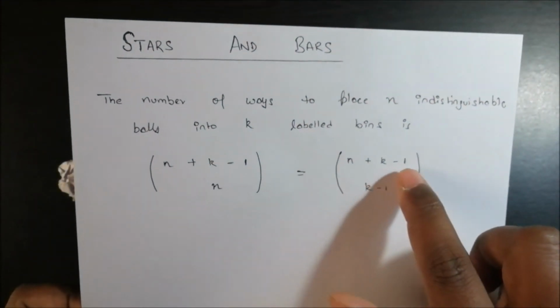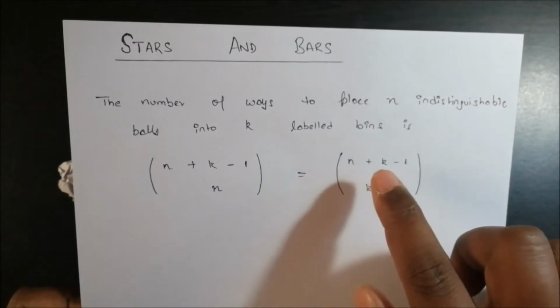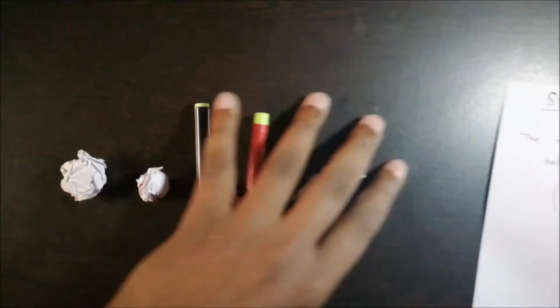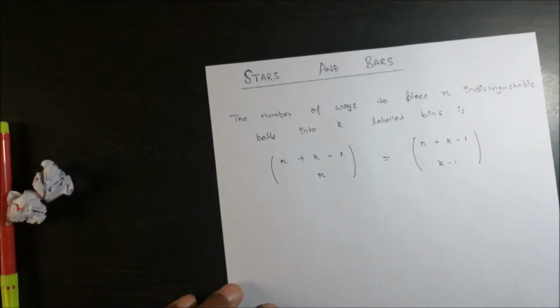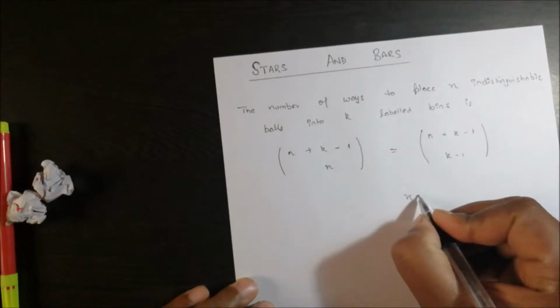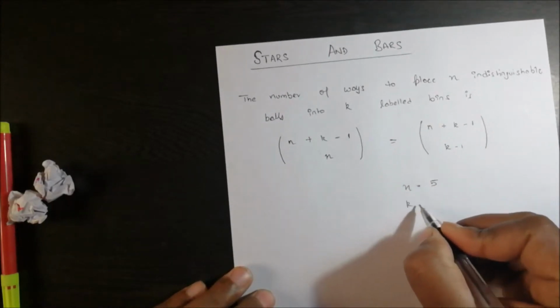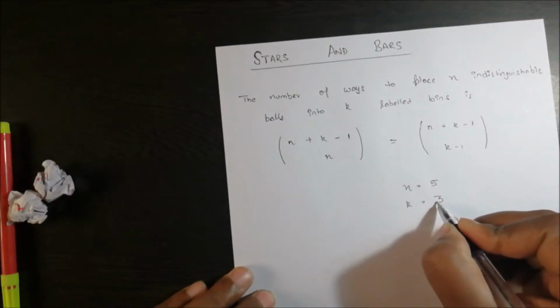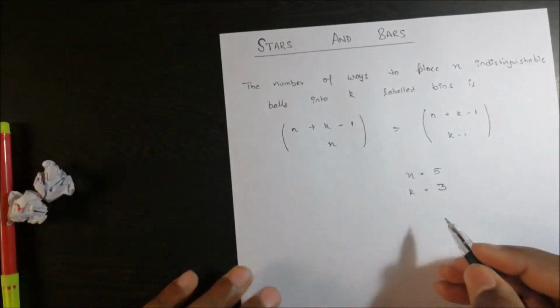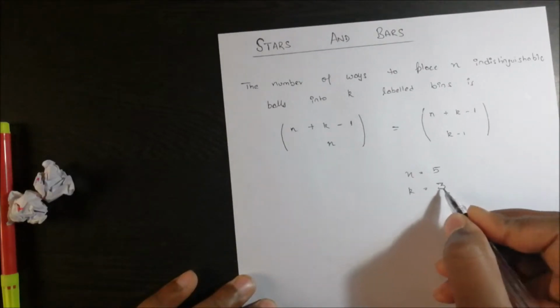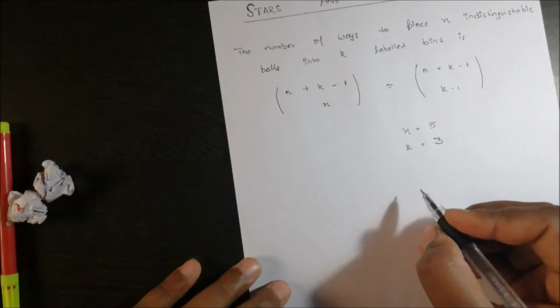So it will be n plus k minus 1, which is 5 plus, I'll keep this here. In our example, n is equal to 5, the number of stars, and k, which is the number of partitions or people, is 3. So the number of bars is 3 minus 1, which is 2, right?